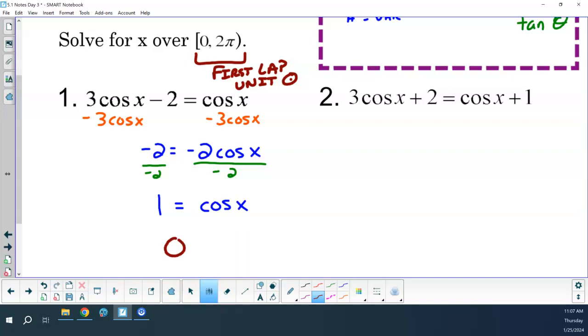Are there any other ones? But is that equal to 1? So that's a no. But 2 pi is exclusive. So no. So that's it then, right? Okay. So the answer to this trig equation is just 0 radians.